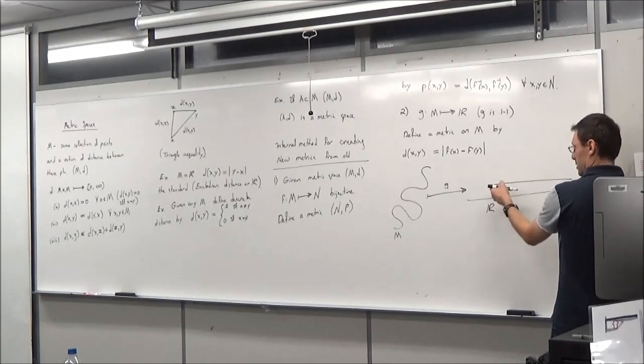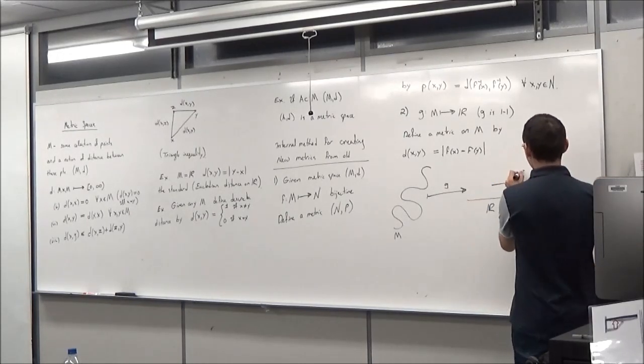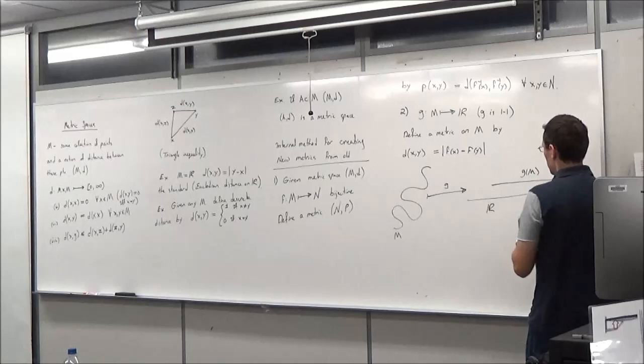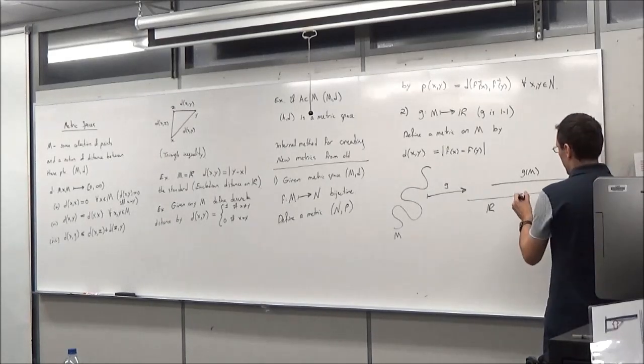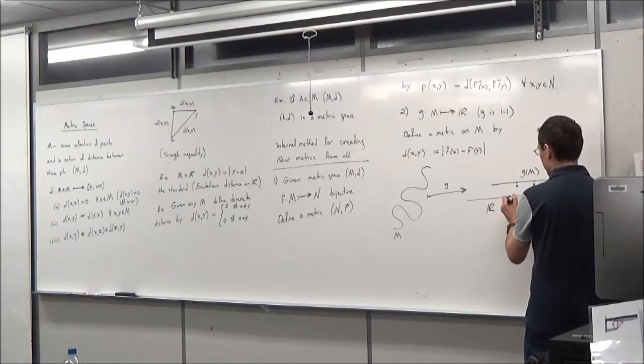So the image of the straight line that I drew here is g of M. That allows me to measure the distance between any 2 points, x, y. Where have they gone? They have gone here.